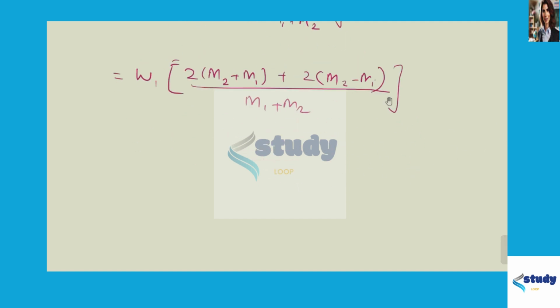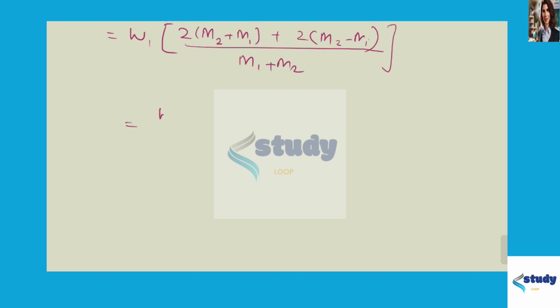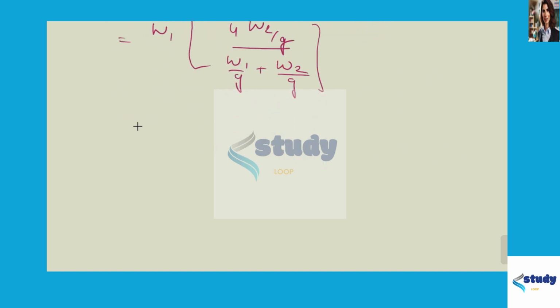After solving this we get w1 plus 4 times w2 upon g, upon w1 by g plus w2 by g. Finally this comes out to be 4 into w1 into w2 upon w1 plus w2.